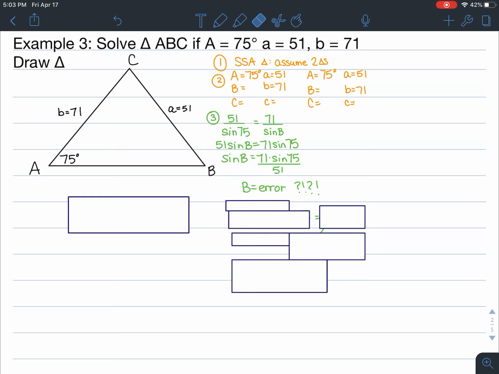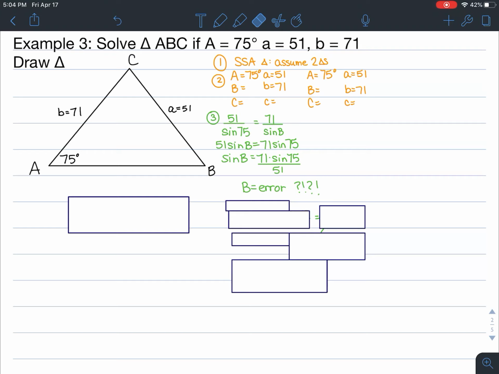Wait, what? What do you mean error? Wait, let me try that again. Okay, here's my calculator. So I have inverse sine 71 times sine 75 over 51. Error domain.